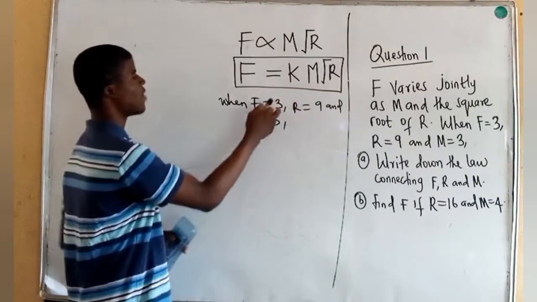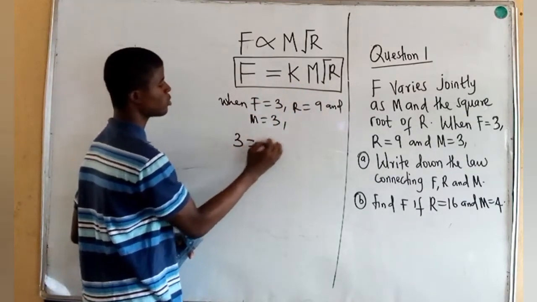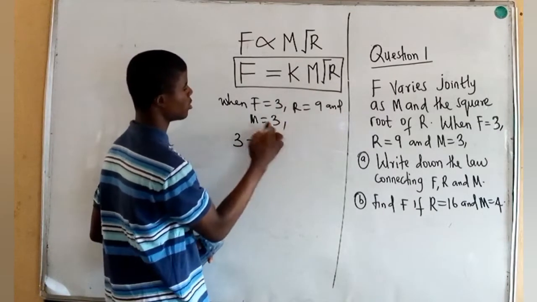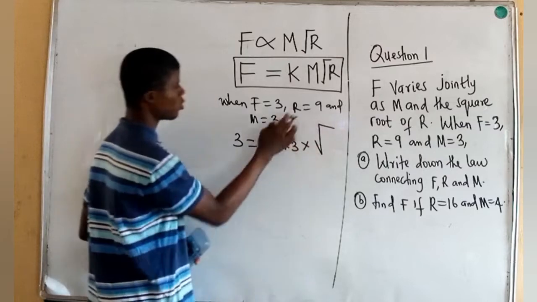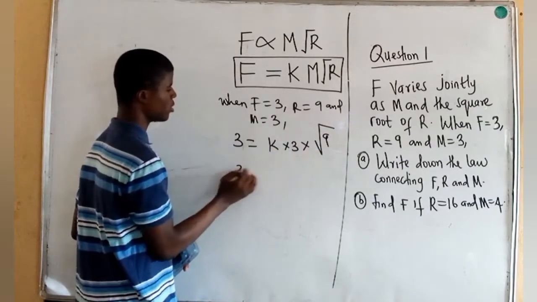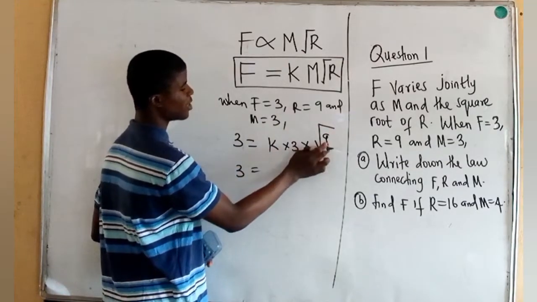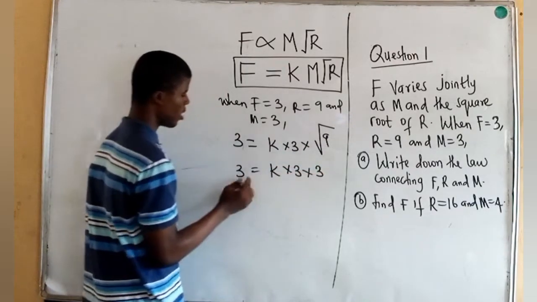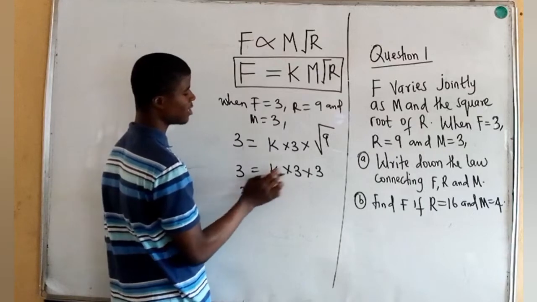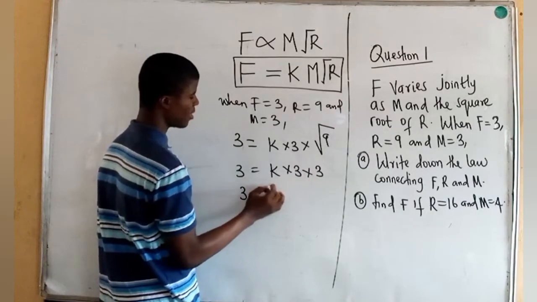It's simple. f is 3, so 3 is equal to k times m, which is 3, times root 9. Root 9 is 3. So 3 is equal to k times 3 times 3, which is 9k.